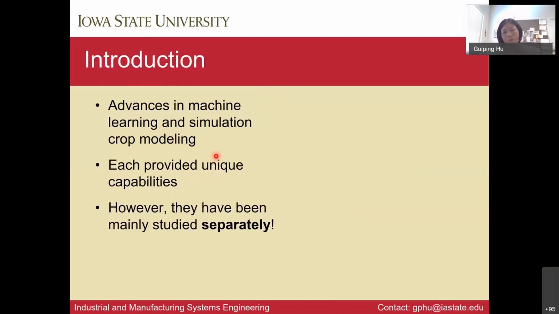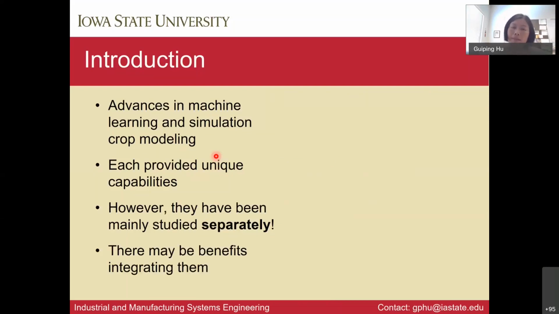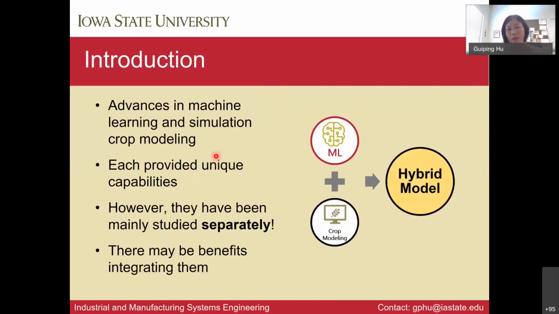And oftentimes, so far, they have been studied or used separately. And the hypothesis we are trying to test here is that if we combine them together, by having a hybrid model, this is where the system analysis can come in. If we combine them and bring in the merits of these two approaches, can we achieve better performance?